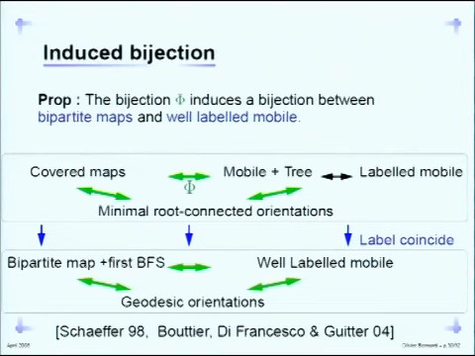And this is the bijection of Bouttier, Di Francesco, and Guitter. And if you specialize a bit more by supposing that the white vertices have degree 2, you fall on this case of Schaeffer that we have seen this morning.